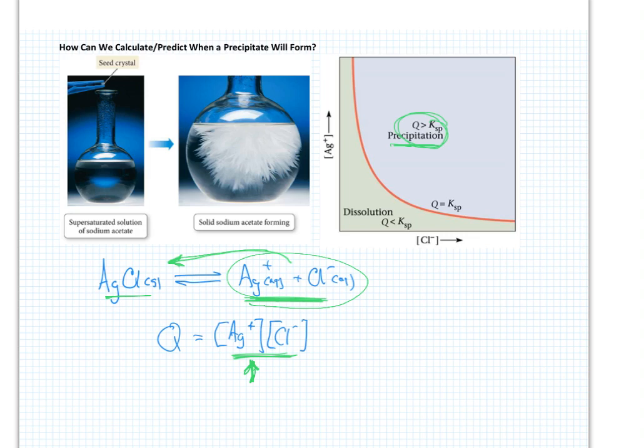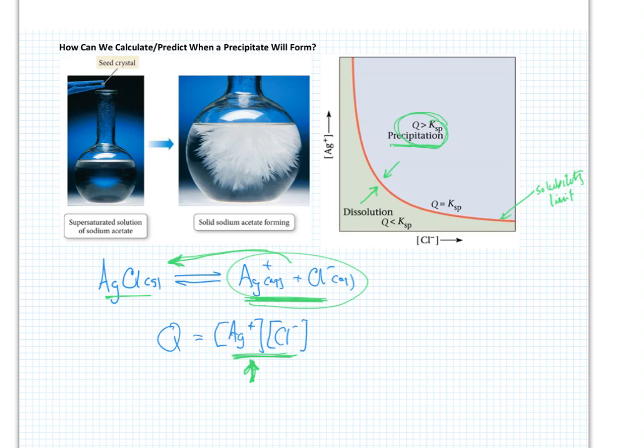So if we put a solid chunk of material into our solution and Q is less than Ksp, then it will continue dissolving. So in both cases, it's going to continue driving towards this red line. And the red line is when Q is equal to Ksp and you're actually at the solubility limit. So the red is the solubility limit, and you cannot add any additional stuff into the solution or it will precipitate.